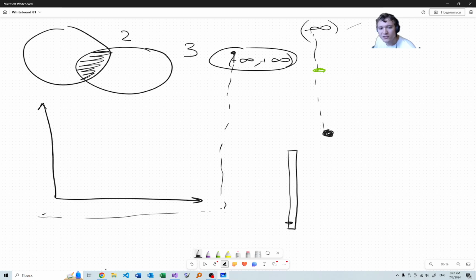Moreover, all these stones divide this column into several segments, and we just want to calculate for each segment if it is blocked or not. And if we do that, then we just need to sum the lengths of the blocked blocks. So now the question, how do we do it?